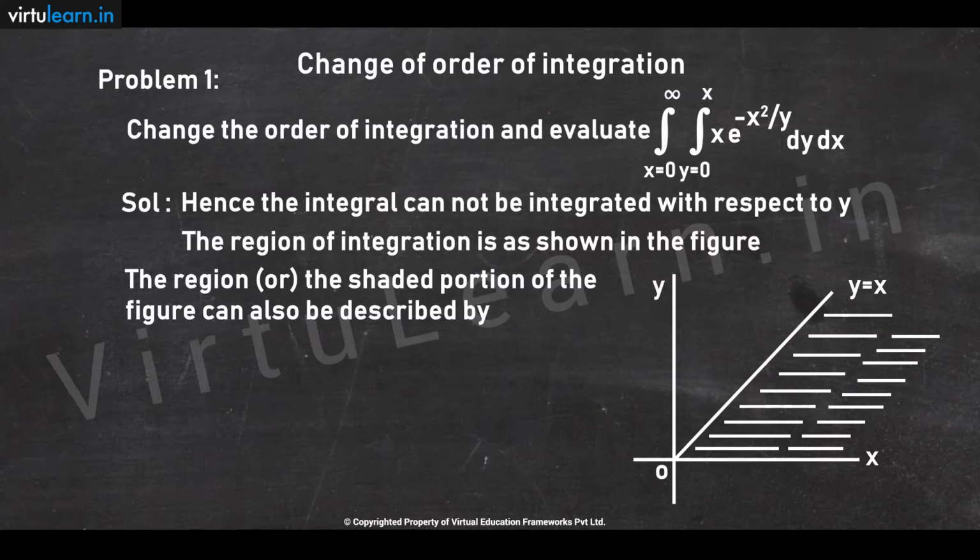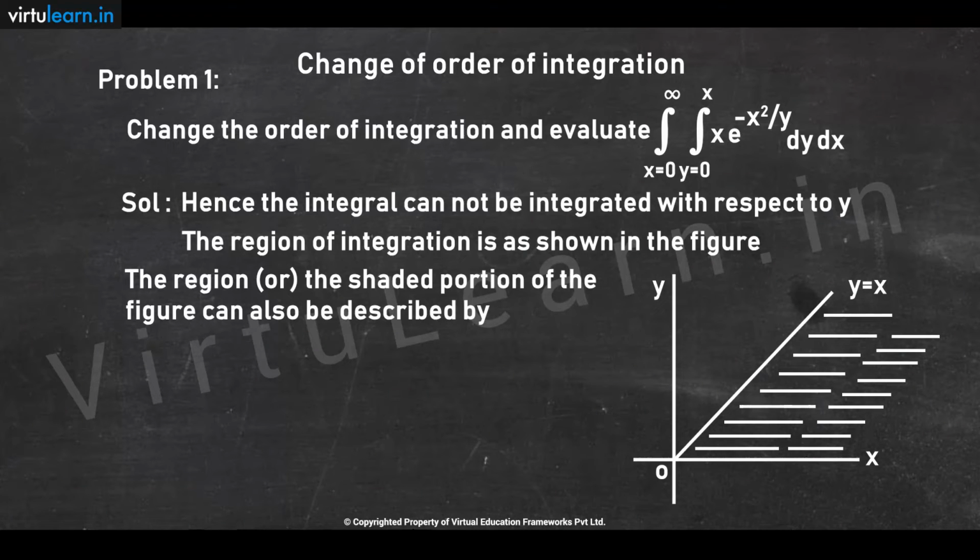Let us describe the same region in a different way. Let us see that the region lies between two horizontal lines. One is y is equal to 0, or the x-axis, and another horizontal line at infinity given by y is equal to infinity.